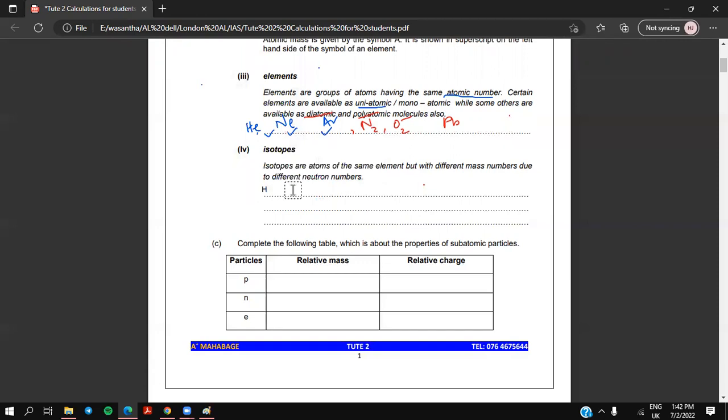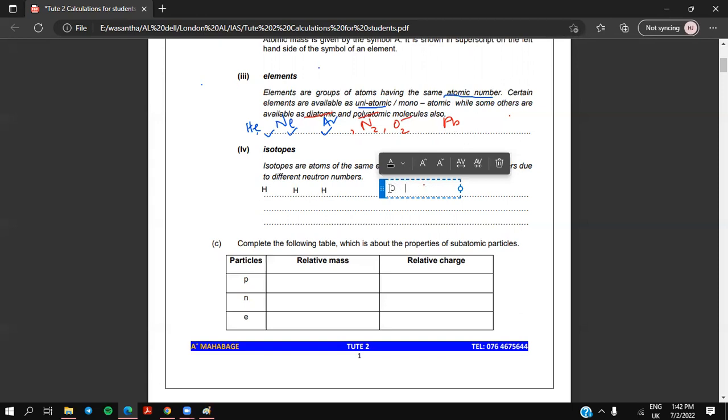I will take another hydrogen plus one more hydrogen like this. Okay, I go to the next one.